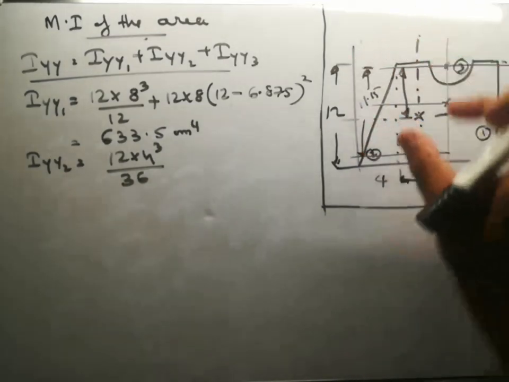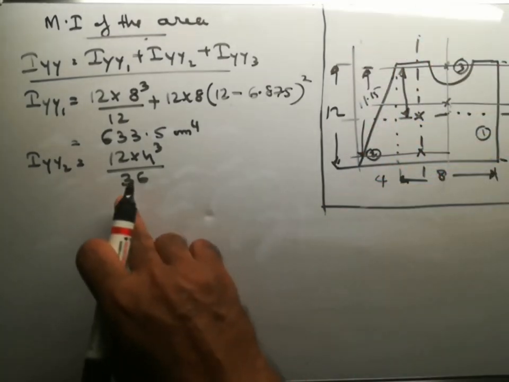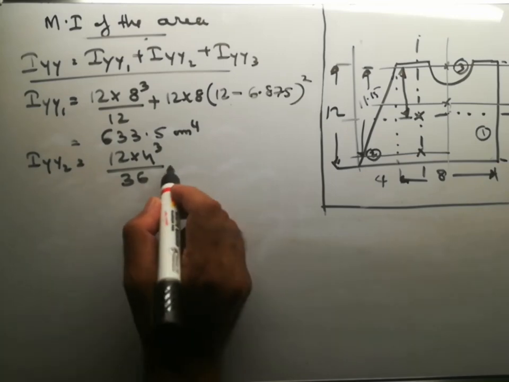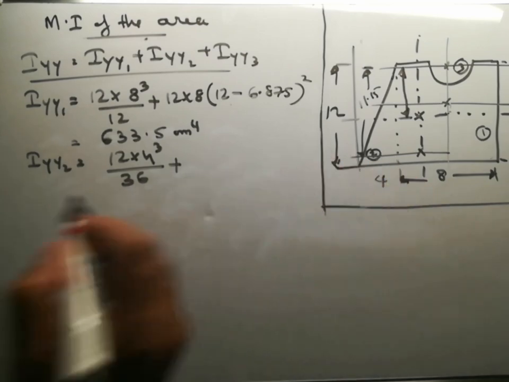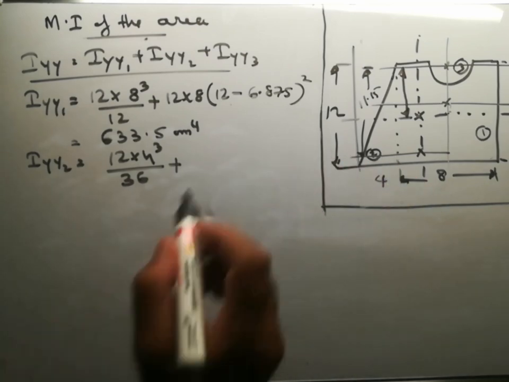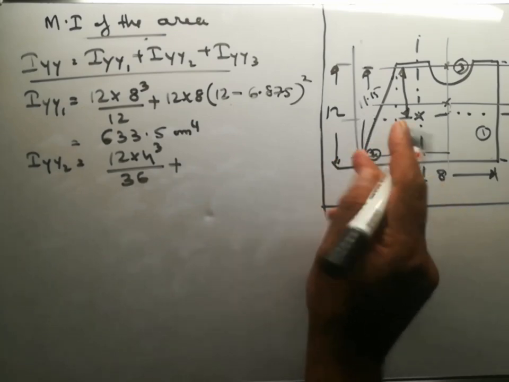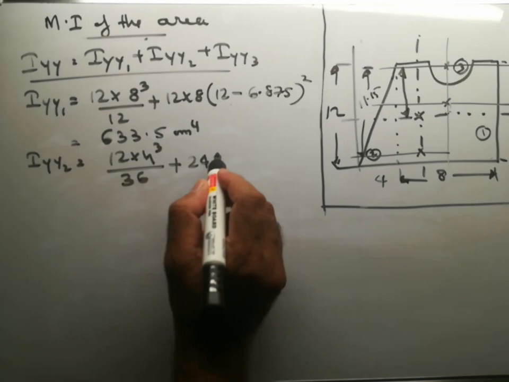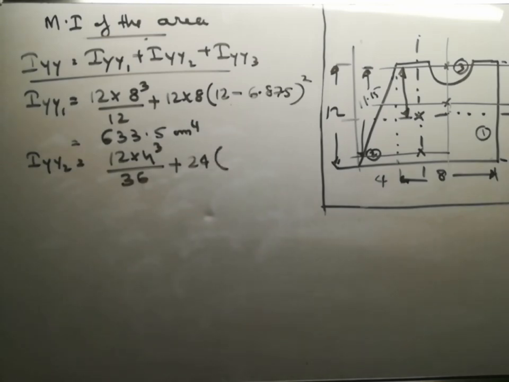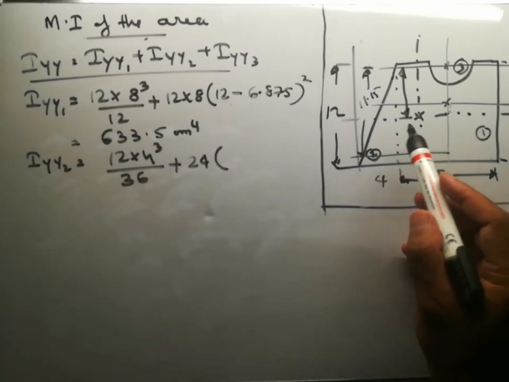So 12 into 4 cubed by 36 is the centroidal moment of inertia, plus the area, which we have already got as 24, or half BH, half into 12 into 4, 24, into, what is the distance?